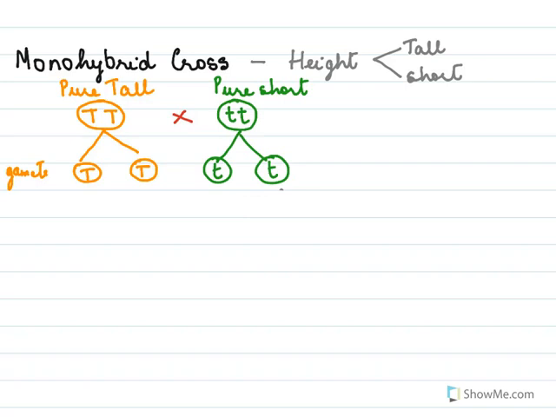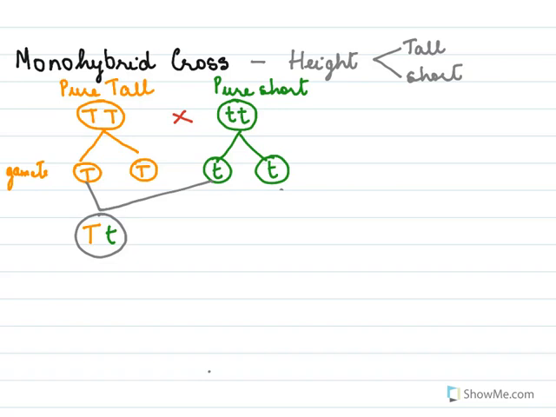We could have this gamete cross with this gamete, and hence the combination we get will be tall and tall.